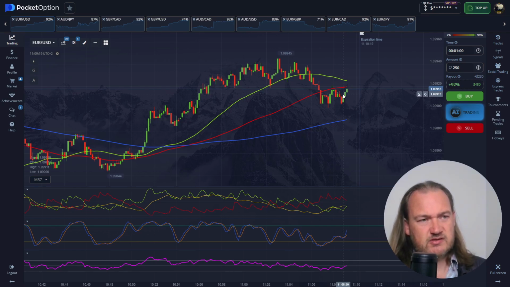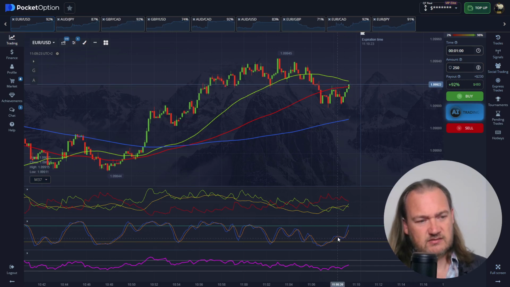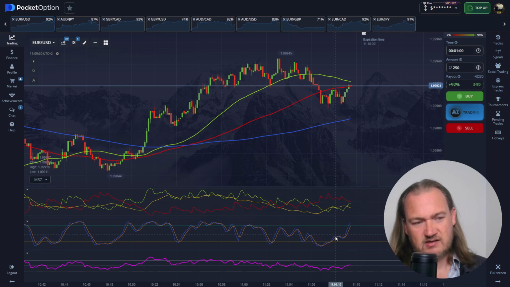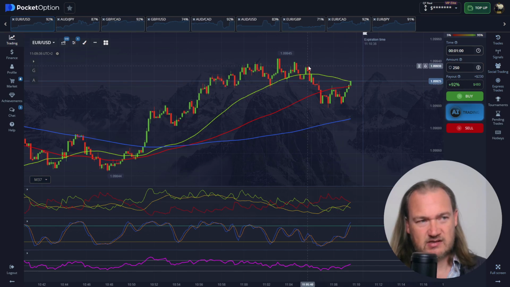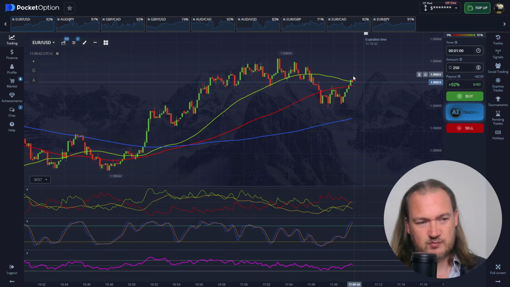So a missed opportunity there, but we're not going to fret about it. Now my stochastic is making the high that I was anticipating, while this was still the last high. This is now the last high, and there is no divergence between these two points for me.